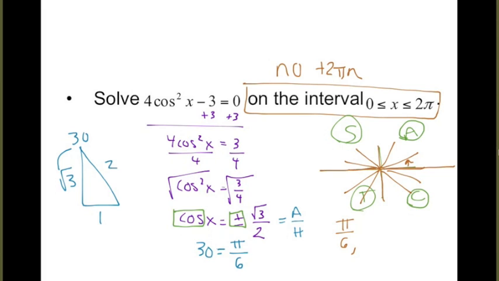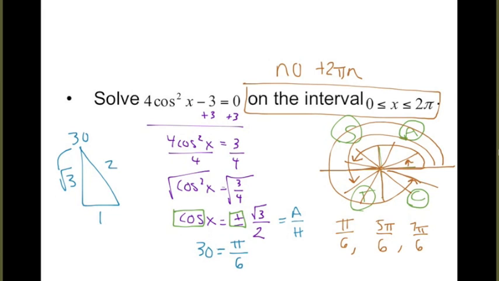In the second quadrant, I'm going to go to the last piece before hitting the horizontal, which is 5 pi over 6. And then I'm going to go just beyond that horizontal, which is 7 pieces. And then I'm going to go almost all the way around, which is 11 pieces. So you want to stay close to the x-axis.